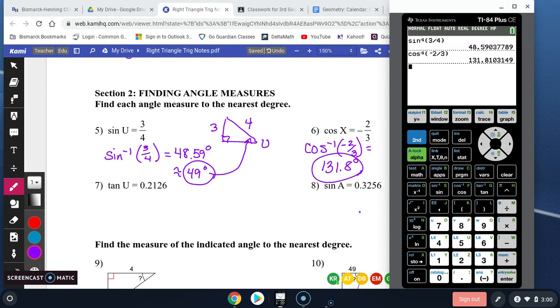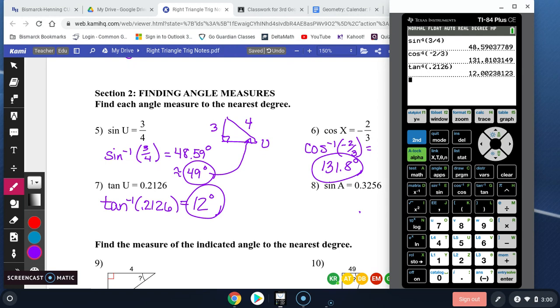You can do the same thing with 7 and 8 as a decimal. That's fine, but you can still find that angle measure. So go inverse tangent of 0.2126. Again, go second tangent 0.2126, and you get a 12-degree angle.